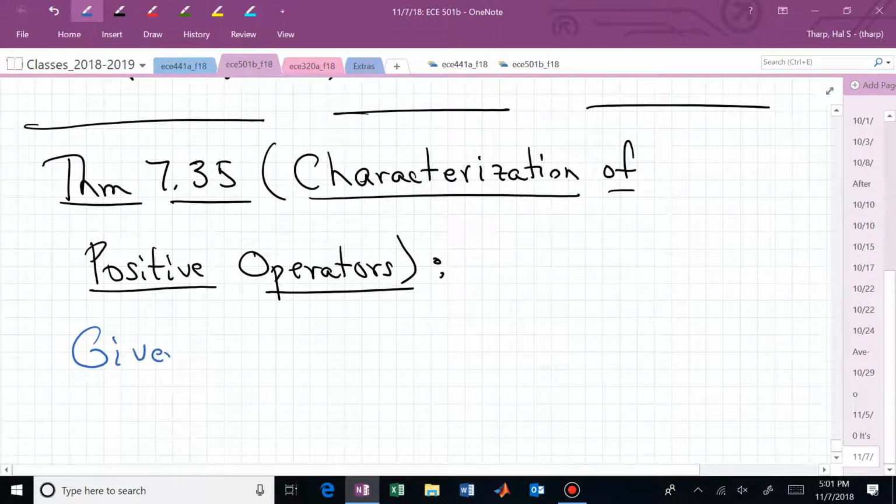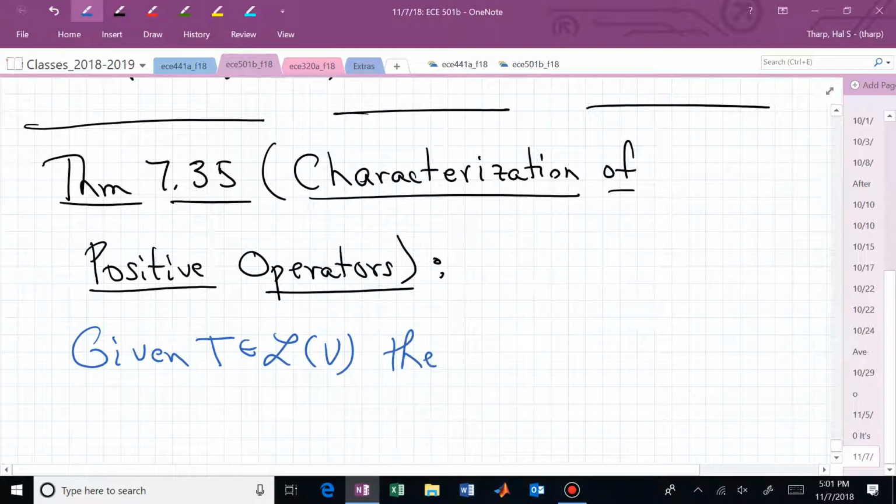Suppose now we're given a linear operator T on a vector space, then the following are equivalent statements.